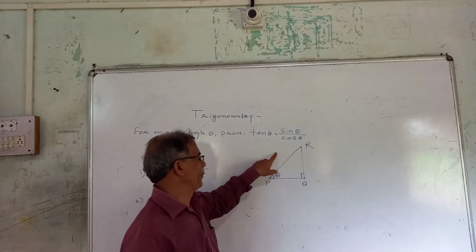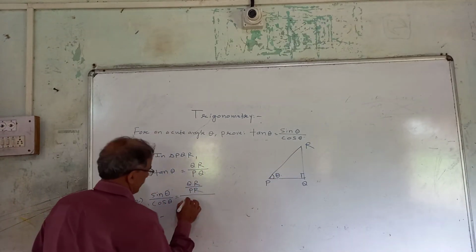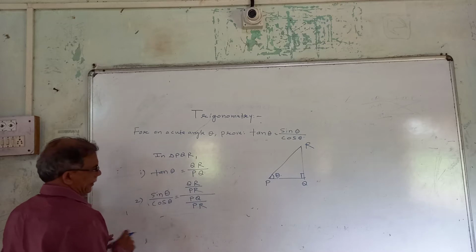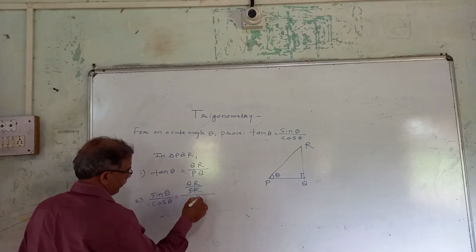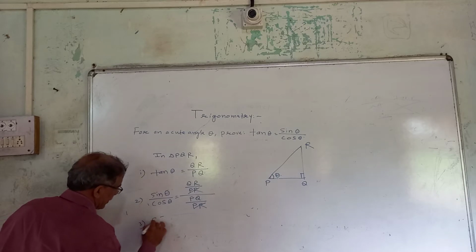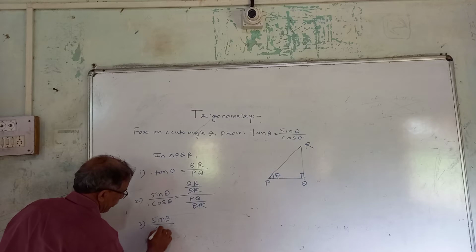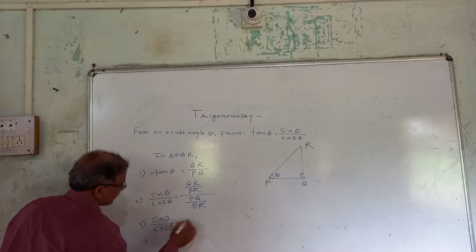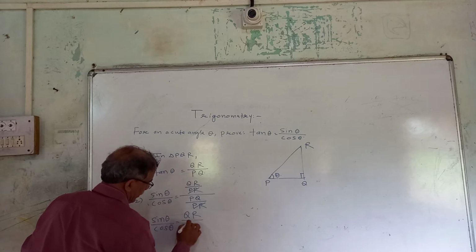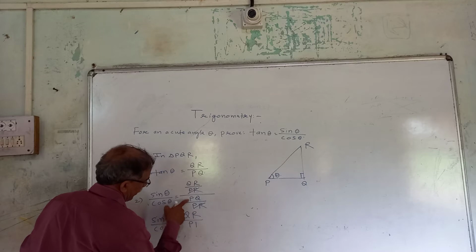Adjacent upon hypotenuse, so it is PQ upon hypotenuse PR. Isn't it? Now you can see here PR gets cancelled. And what is remaining? Sin theta upon cos theta is equal to QR upon PQ.